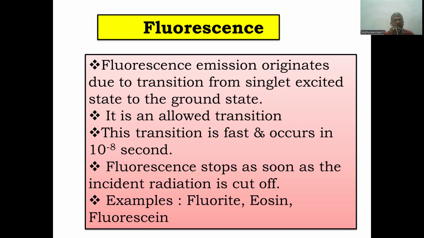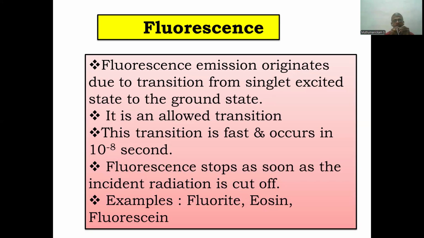The next characteristic feature is that it is an allowed transition. This transition is very fast. It occurs in 10 to the power of minus 8 second. One more thing: fluorescence stops as soon as the incident radiation is cut off.